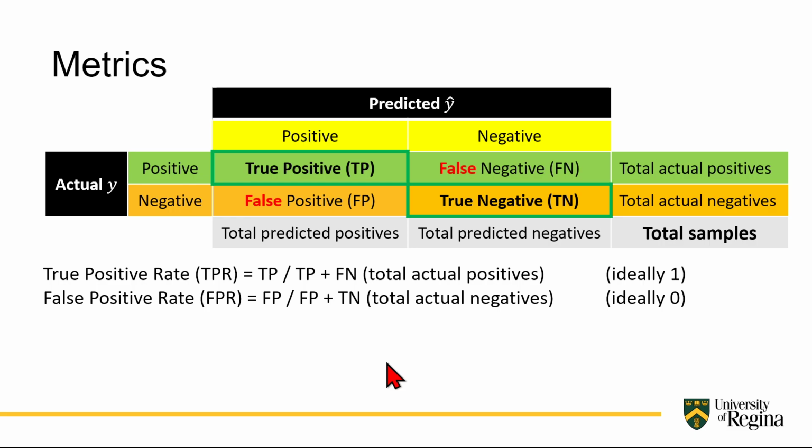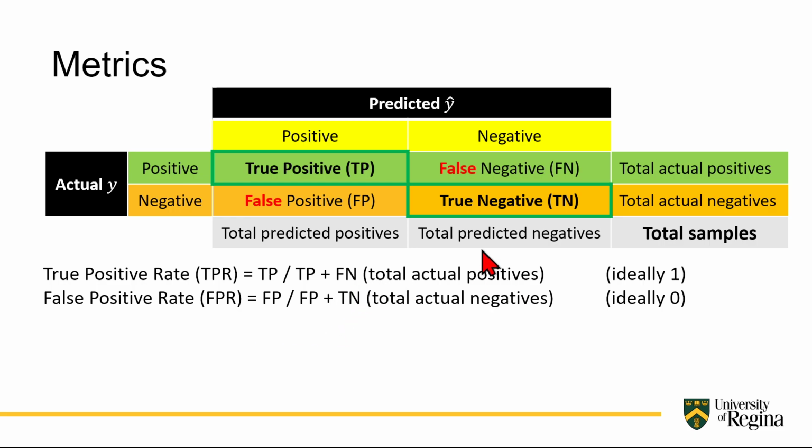So there are some metrics that are created over the confusion matrix. Two of the most important ones are the true positive rate and the false positive rate.